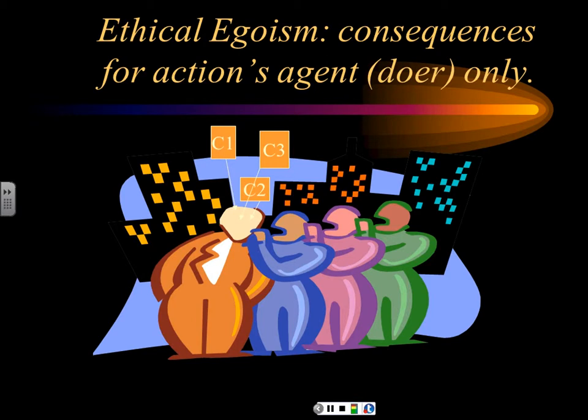How it is that what you do affects others, whether it be good or bad, is morally irrelevant from the standpoint of egoism. Now that's one of the things that has made this theory a controversial moral theory, because very often the best consequences for me might not be the best consequences for you.